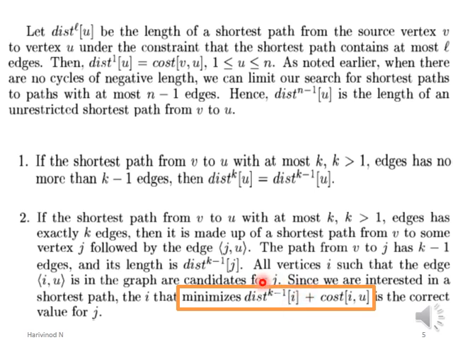The one that minimizes this particular expression will be chosen for dist k of U.